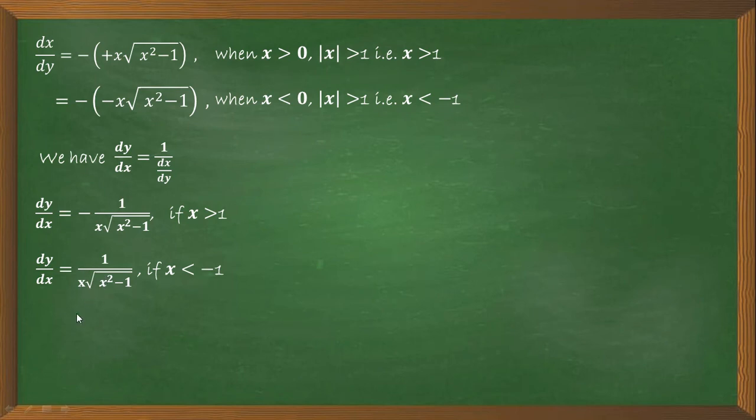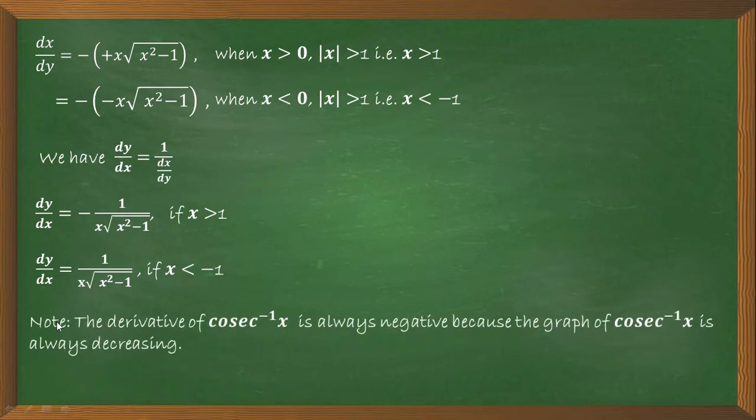But again here the note is given that the derivative of cosec inverse x is always negative. Remember, always negative, because the graph of cosec inverse x is always decreasing. So the graph is decreasing, then the derivative is negative. Okay, decreasing graph, increasing graph, that we will study in applications of derivative.